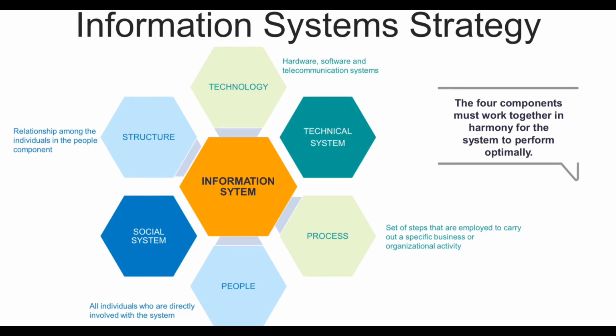The structure refers to the relationship among the individuals in the people component, while the technology refers to hardware, software, and telecommunication systems, while process refers to the set of steps that are employed to carry out a specific business or organizational activity, and the people refers to all individuals who are directly involved with the system.